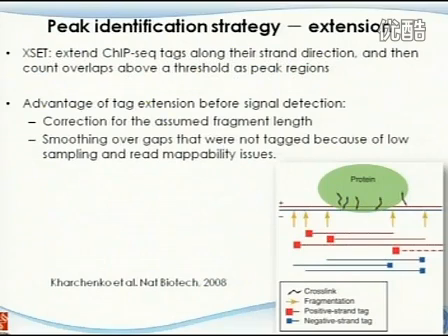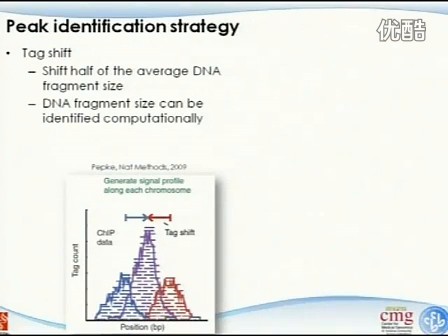If you go back to these slides, if you only do this kind of shifting and then count the number of reads that cover each individual location, you may end up seeing a very spiky type of feature, right? This region goes up and down, up and down, and that doesn't really mean anything.